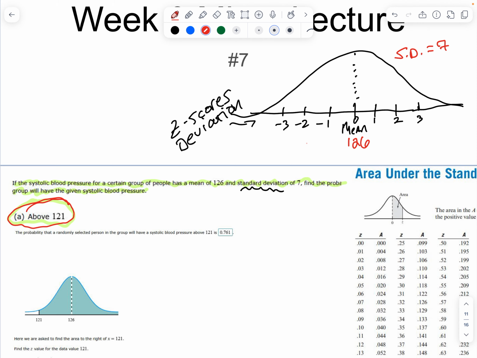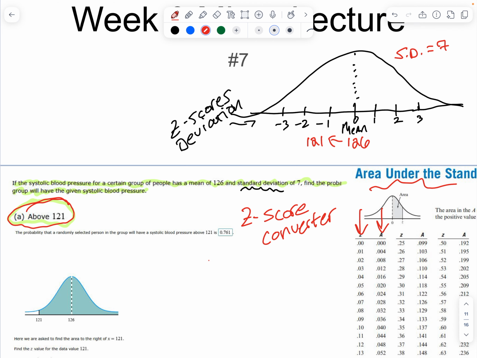Okay, so 121 is going to be somewhere over here, but let's figure out how far over here it's going to be. And we can do that by doing what's called a z-score converter. Because we're going to be using these area charts, and if you notice, they only care about z-scores and area. So we need to convert.